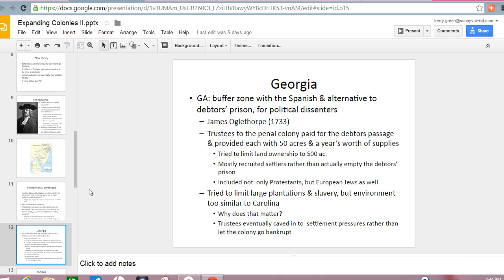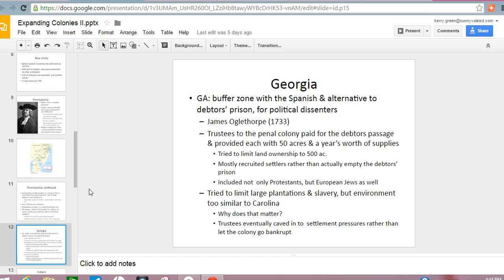Georgia becomes what they call a penal colony. It is, first off, meant to be a buffer zone with the Spanish because Georgia's right there next to South Carolina. And so it's meant to keep Spanish Florida from harassing the sugar plantations too terribly much.